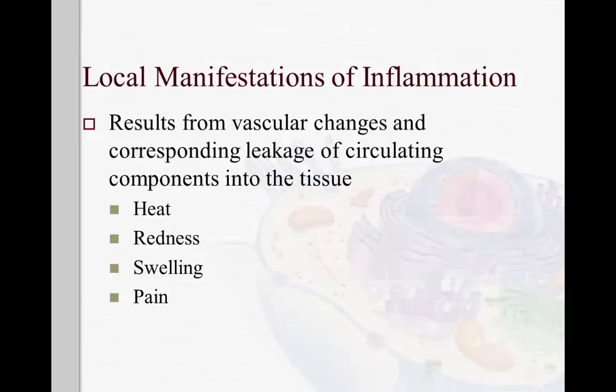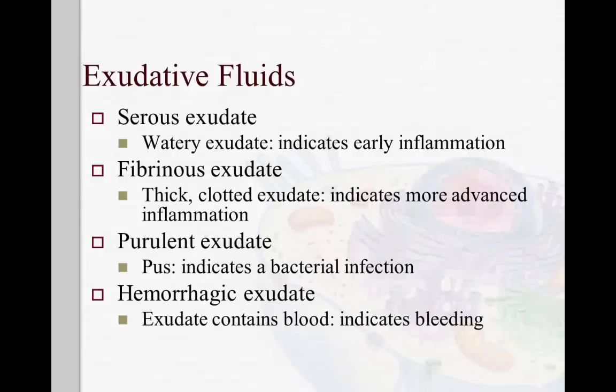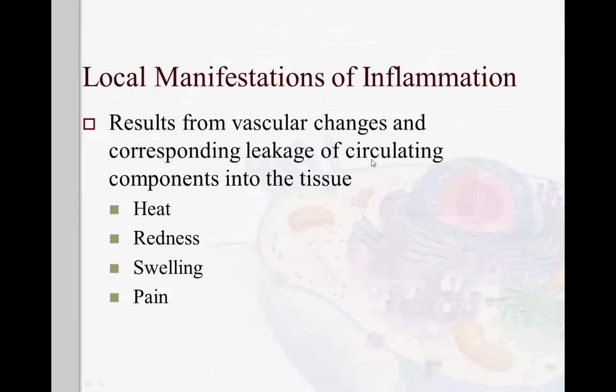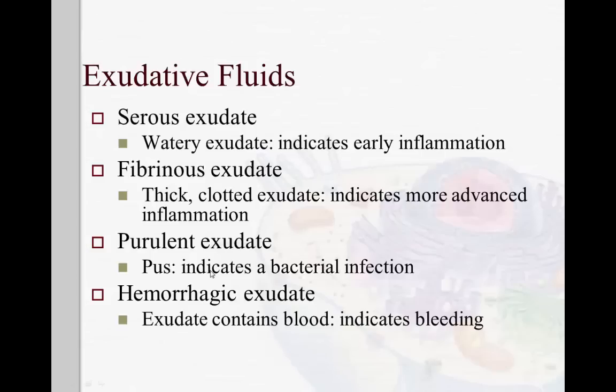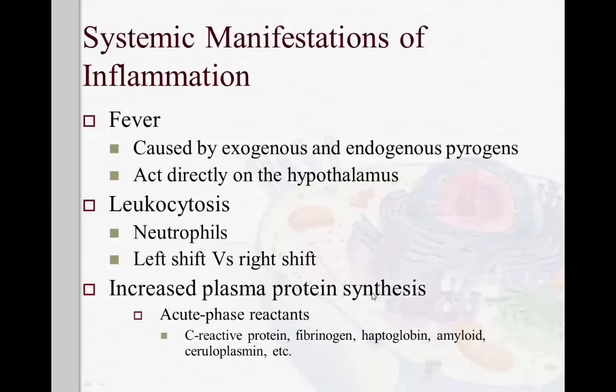We also have pain that is exerted by pressure and prostaglandins and bradykinin, as we discussed. This exudate that is formed in this phase of swelling could be serous, which is watery and indicates early inflammation. It could be fibrinous, which is thick, purulent, that indicates bacterial infection, or hemorrhagic, that is obvious, indicates bleeding.